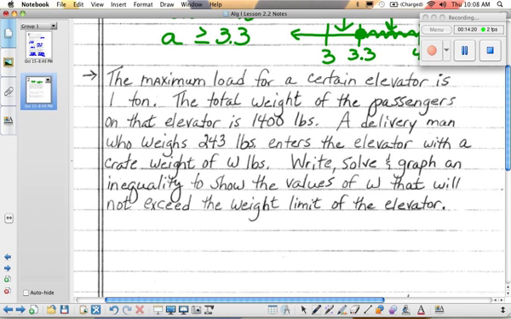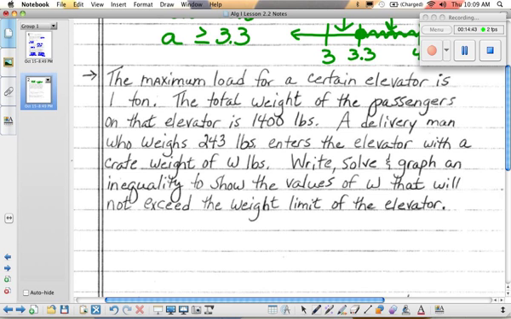Write, solve, and graph an inequality to show the values of W that will not exceed the weight of the elevator. In other words, the people who are already on that elevator should be a little bit concerned. He comes out with a crate. They see his size, and they say, I think that looks like it's too big. I might want to get off this elevator.